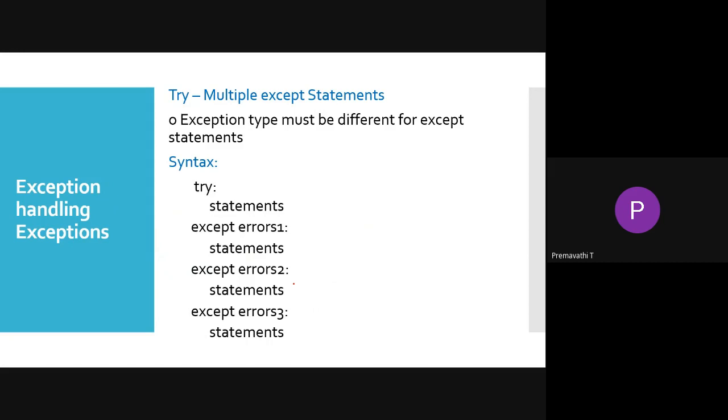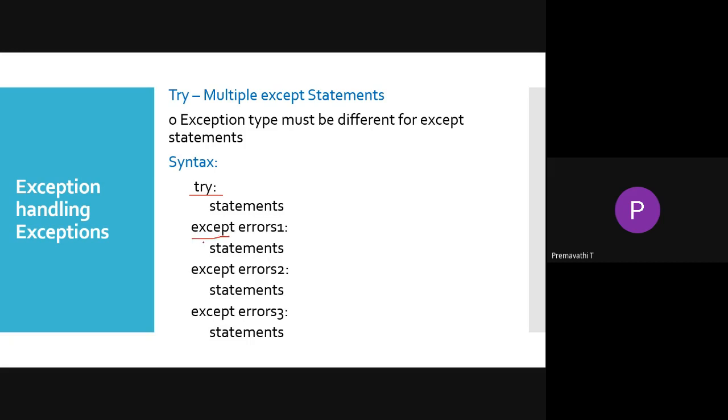The next one is try with multiple except. Like the previous one, try multiple except is one of the exception types. It must have different except statements, more than one except statement here. Like the previous example, here also we are using the try and except keywords.